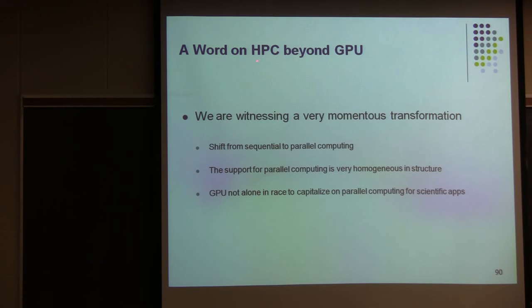So I think in high performance computing there is this shift from sequential to parallel computing, and as I told you at the beginning of the presentation, it's not that we want to, but the chip industry is moving in that direction. The support for parallel computing, unfortunately, is not homogeneous.